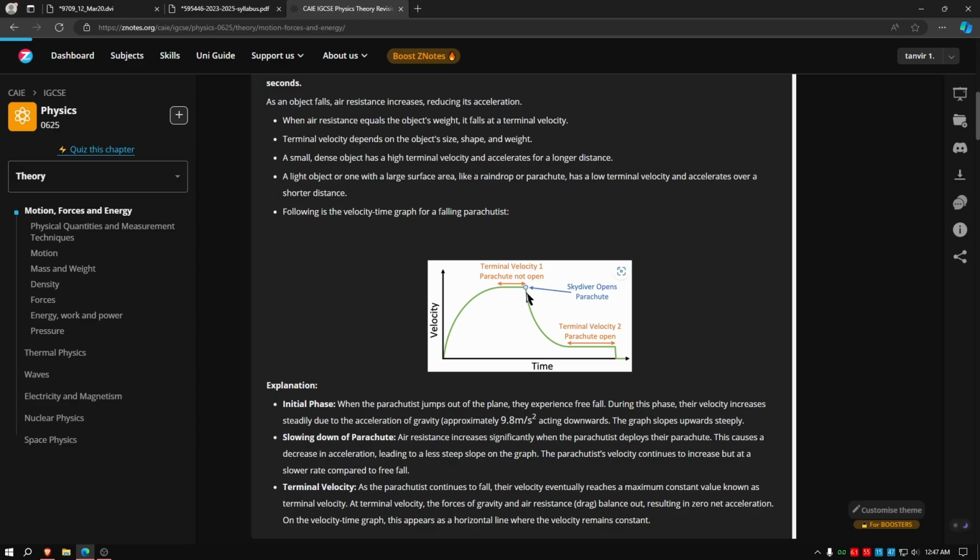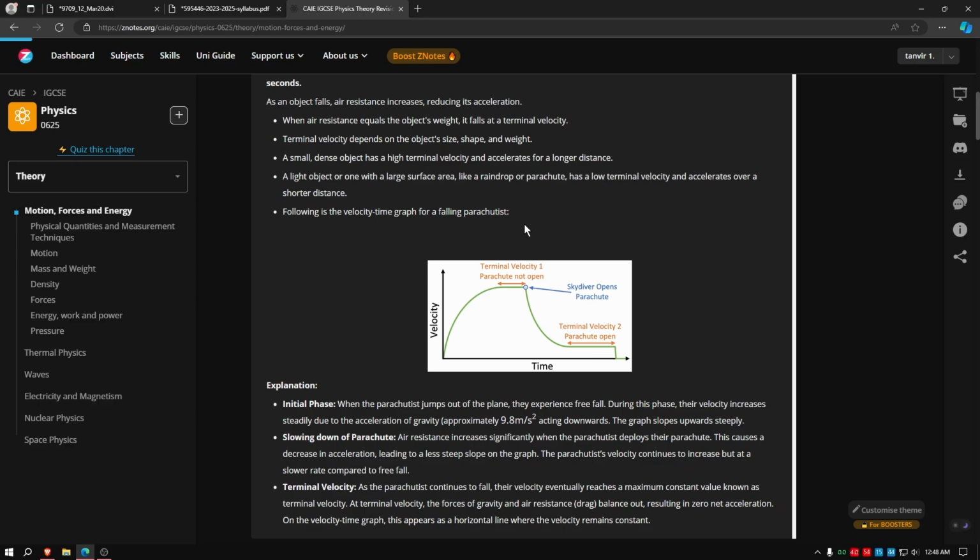So at this point, the skydiver opens the parachute. Once the parachute is opened, it spreads upwards. So basically, a lot of air resistance is acting on you, right? And then you will be moving, let's just say, very, very slowly.